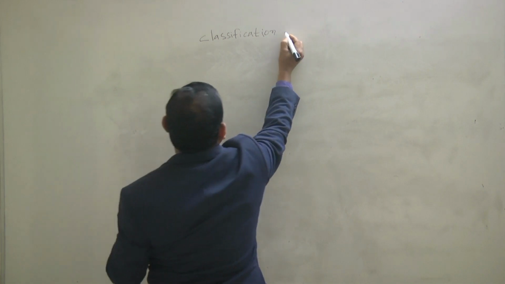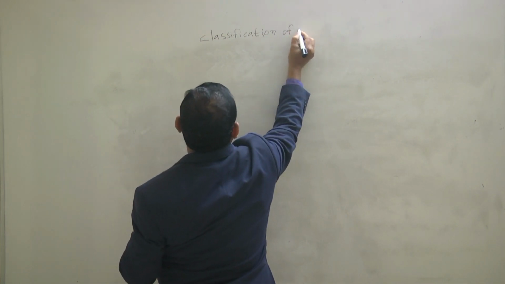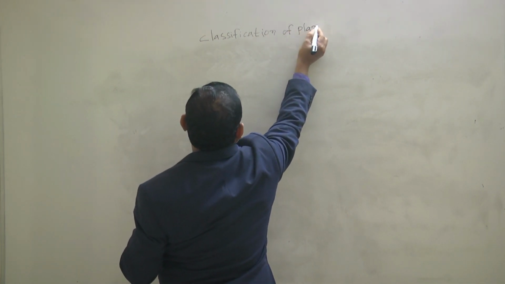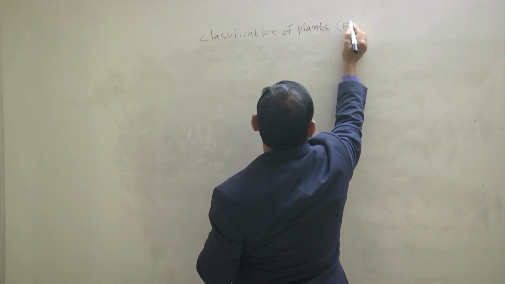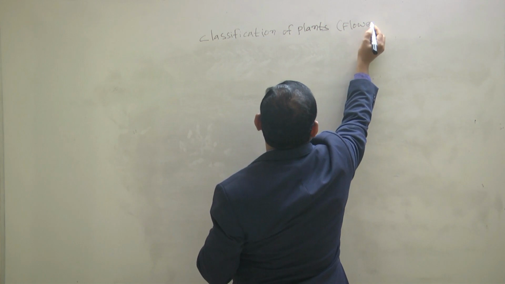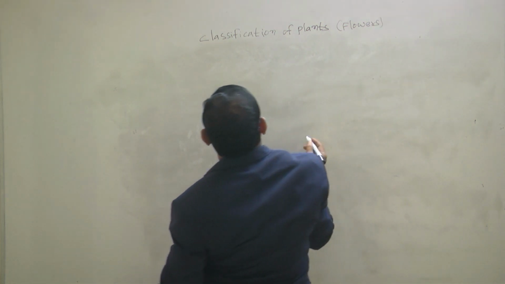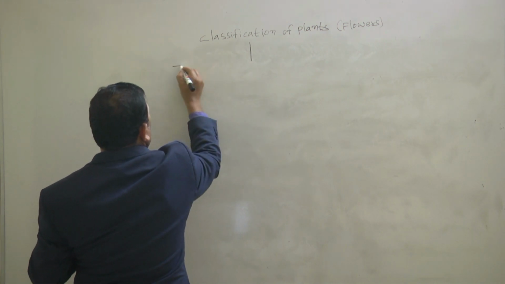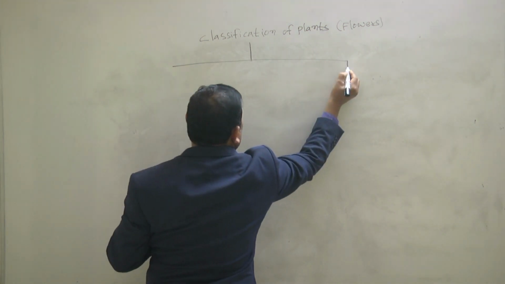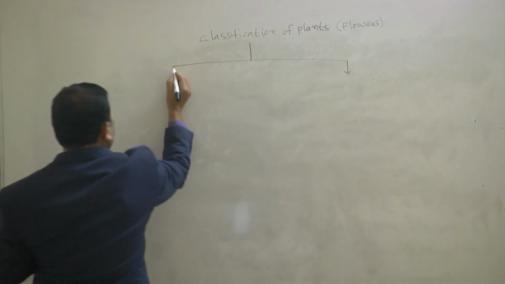Classification of plants based on the flowers. Okay, plants are classified into two types.